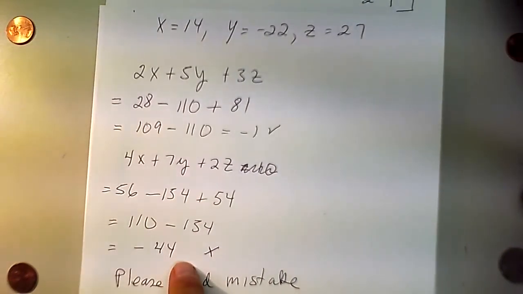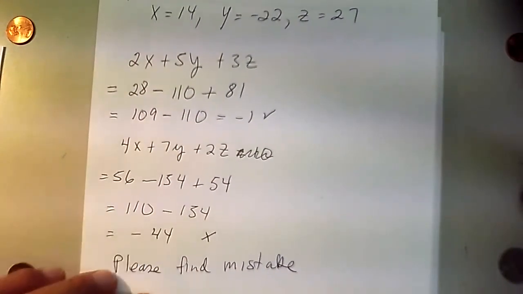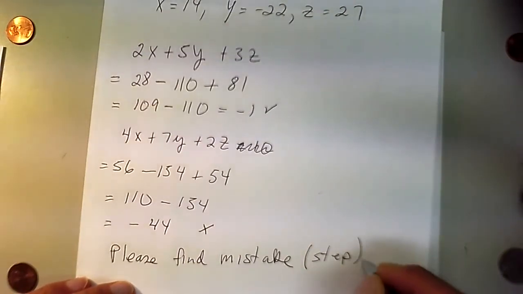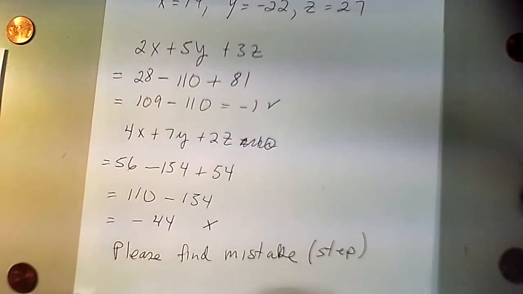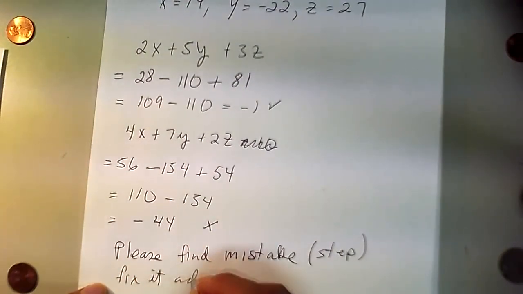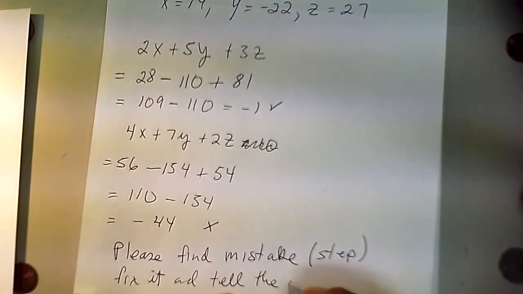We're supposed to end up with 10. So please find the mistake, and by that we mean the step where that happened. Fix it and tell the correct answer.